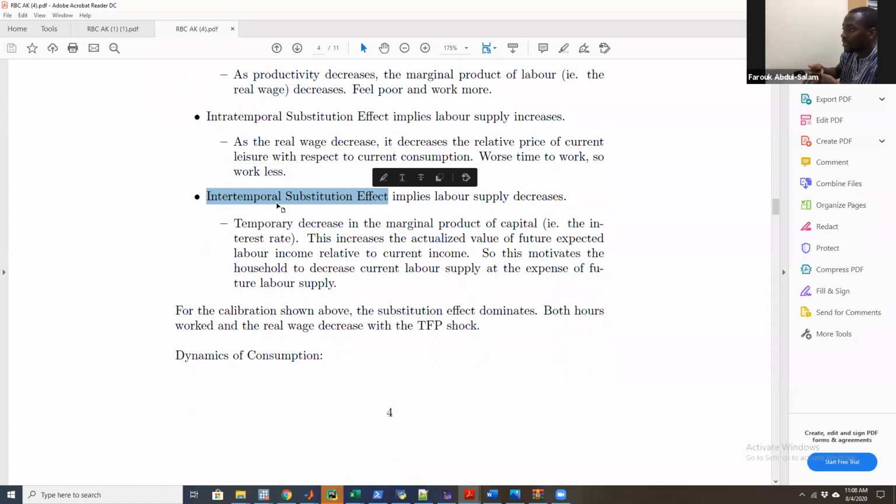Now, are you going to work more today, or are you going to work more tomorrow? The implication from this intertemporal decision-making process is very simple. Because the wage happens to be less today, you might want to lessen the amount of hours of your work and wait till tomorrow where the wage rate comes back high and you start working more.